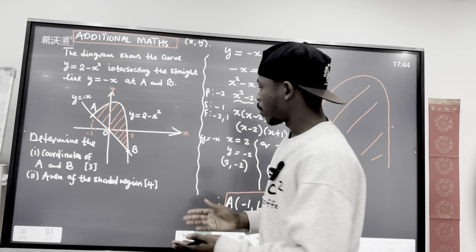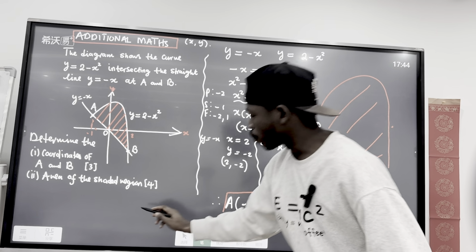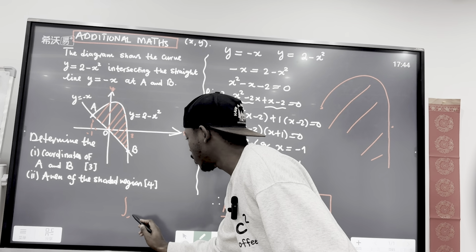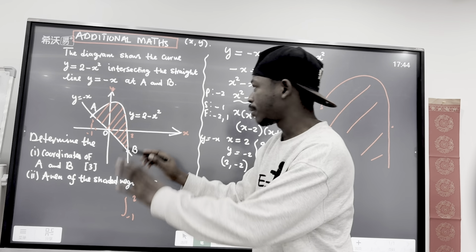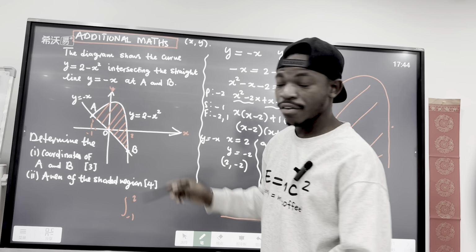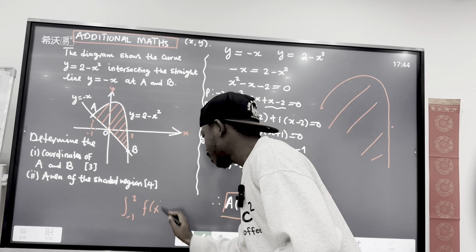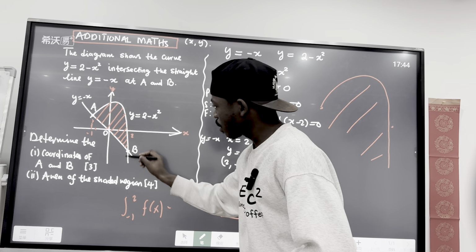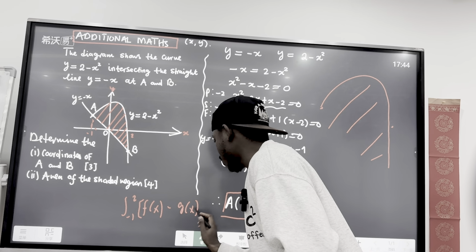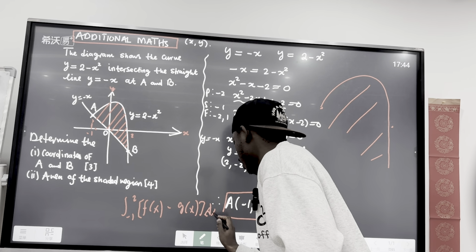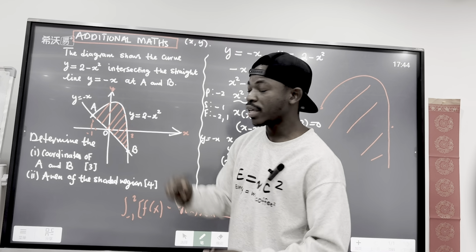So we can also just say the area of the shaded region will be the integral from negative 1 to 2 of the upper function, which is the curve y equals 2 minus x squared, I can call it f of x if I want, then minus the lower function, which is g of x. I'm going to integrate these with respect to x, dx there. So once I integrate these from -1 to 2, then I'm finding the area of the shaded region.